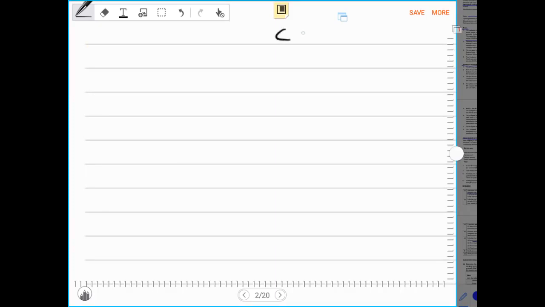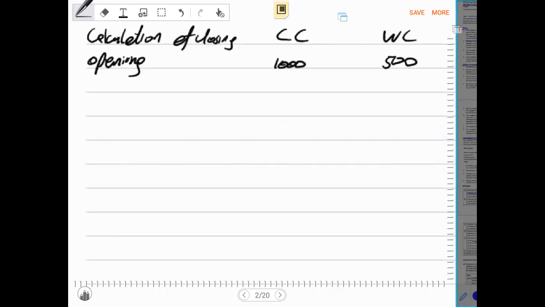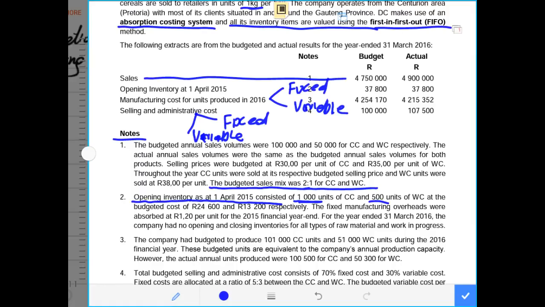I have two products, which is CC and product WC. Then I say calculation of the closing inventory, because most of the times the closing inventory is not given. In calculating closing inventory, we have the opening inventory, and our opening inventory is 1,500 units. So now we have our opening inventory as 1,000 units for product CC and 500 for product WC.